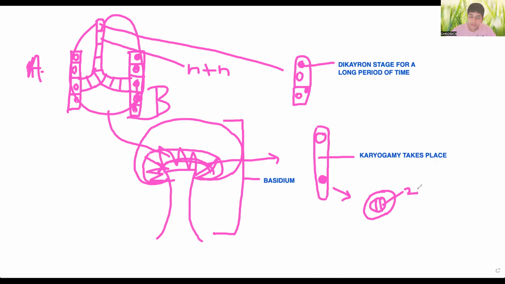Again, it's the whole story over again. The diploid conducts meiosis. So you get 4 haploid nuclei.